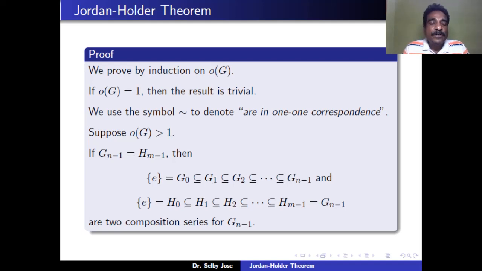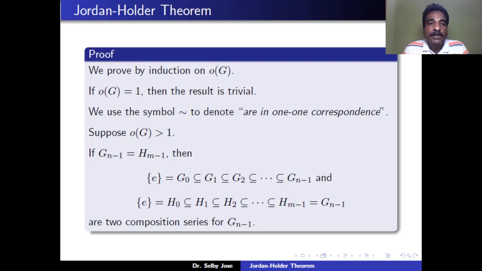For the simplicity of writing the proof, we use the following notation. The notation is tilde to denote that sets are in 1-1 correspondence. That means A is a set and B is another set.